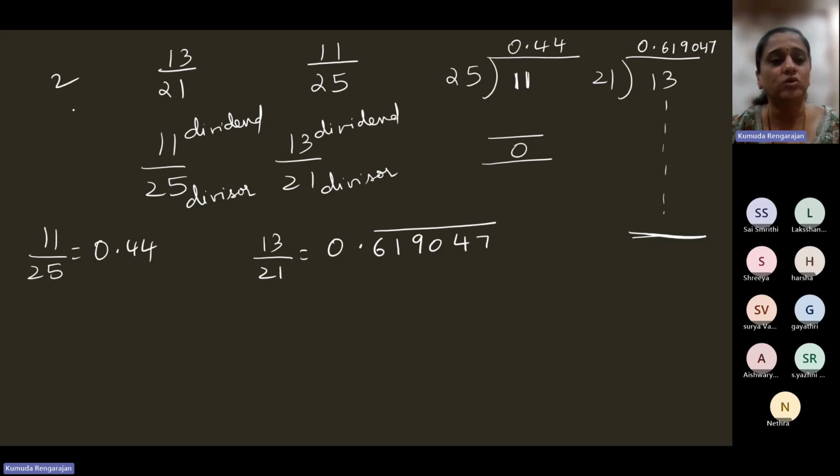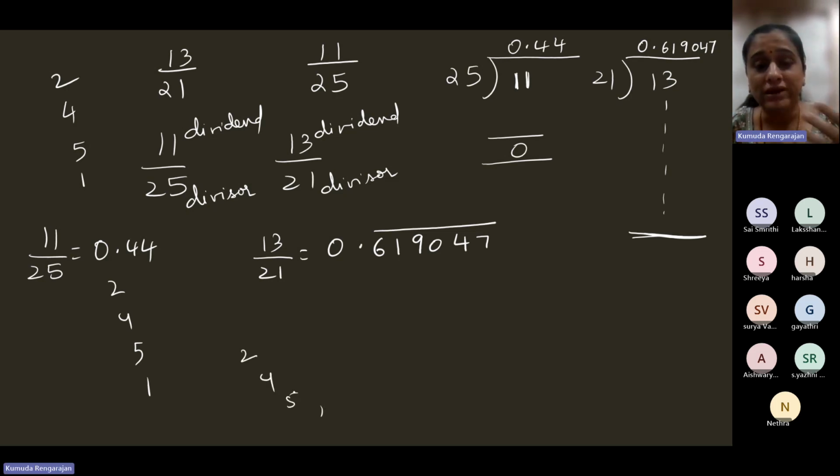Say you get remainder 2, then 4, 5, 1. Again, you get remainder 2, 4, 5, 1. So when remainders start repeating, you will see that in the quotient, the digits also will start repeating.